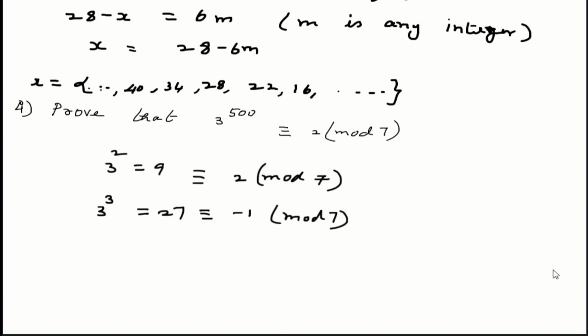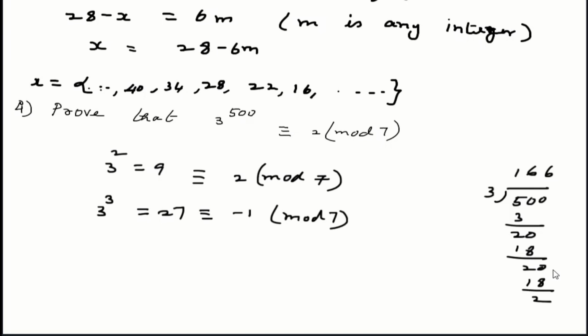Now I want 3 power 500. So I express this in terms of 3 power 3. 500 when divided by 3 gives 166 as the quotient, since 3 sixes are 18, again 3 sixes are 18, and the remainder is 2.